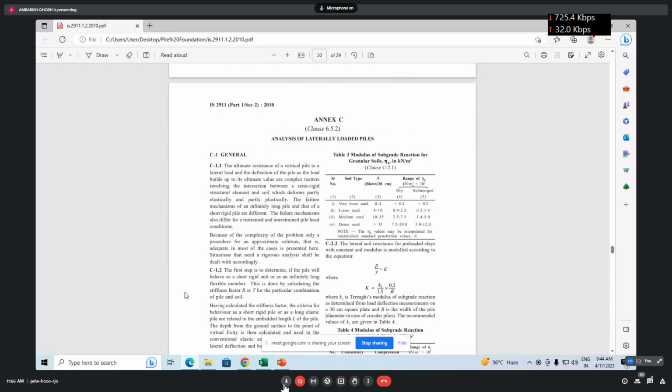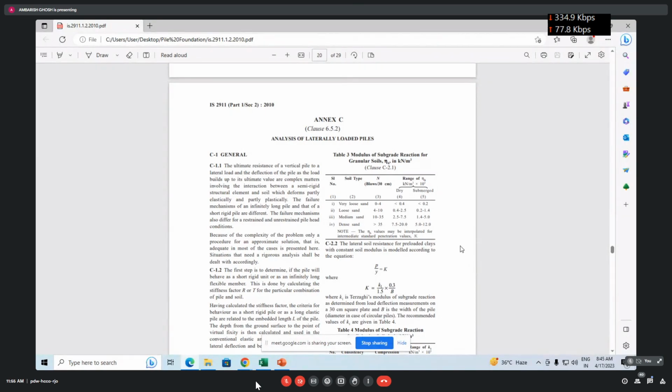Yes, sir. This is the analysis of laterally loaded piles. Step-wise methodology is given here on how to get the lateral load carrying capacity of a pile. This is equally important as the vertical load, either compression or tension; lateral load carrying capacity is also very vital.